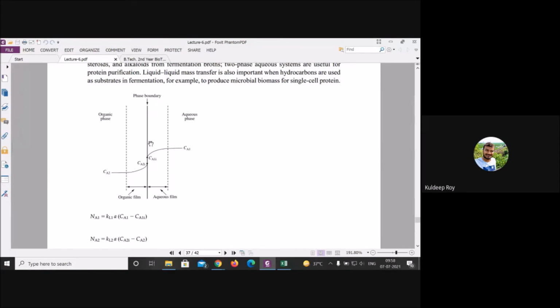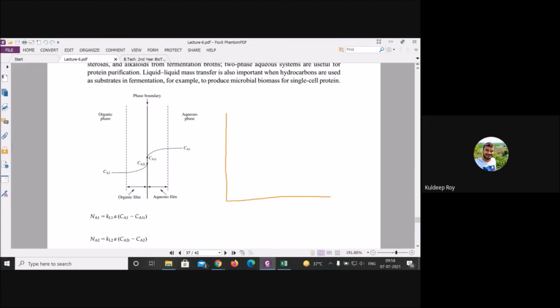But how will you achieve that equilibrium condition? To achieve it, you have to add some kind of constant which tells us about the concentration gradient in this particular region, because we are interested in this particular region.